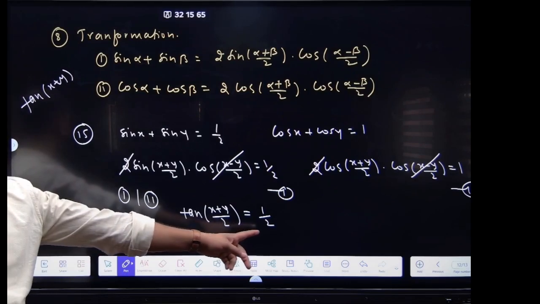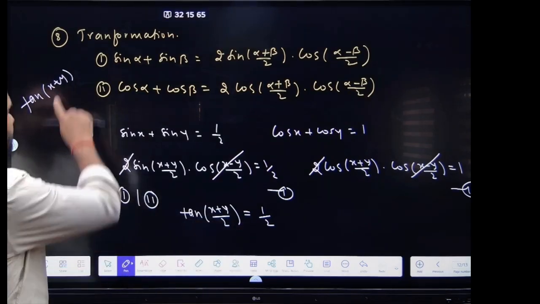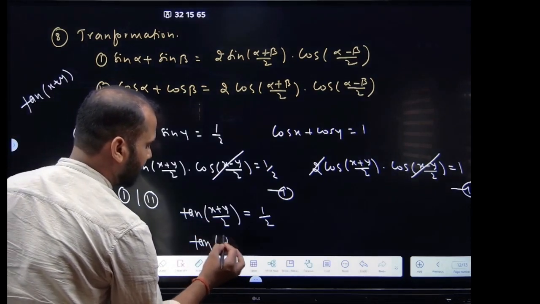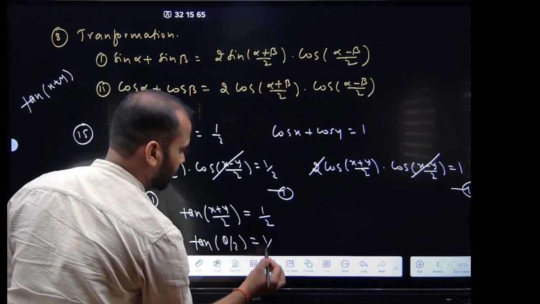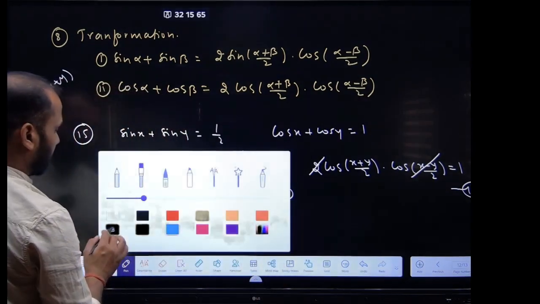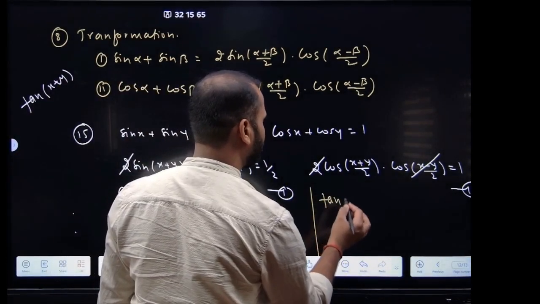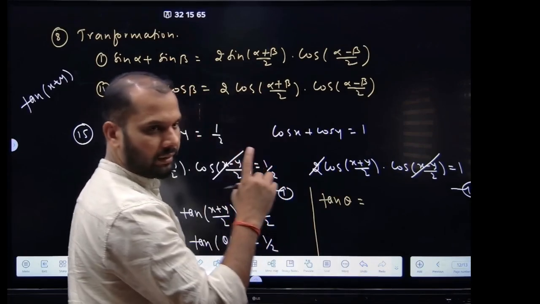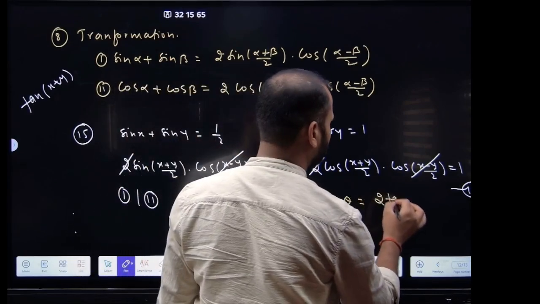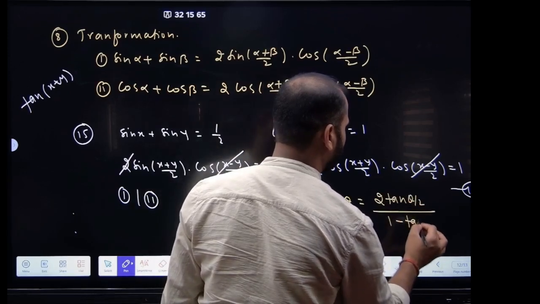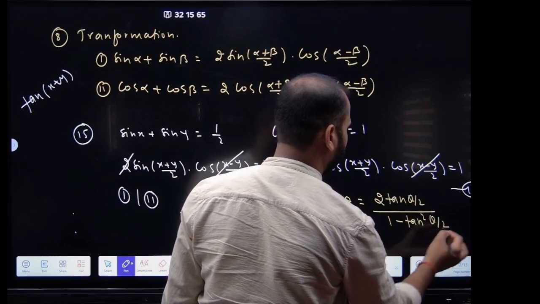Are you getting what we got? What we need is x plus y. This by 2 we do not want, meaning tan theta by 2 you have. How much is tan theta by 2? 1 by 2. What you want is tan theta. Which formula should I use? The double angle, compound angle formula for tan theta. Which formula is it? 2 tan (theta by 2) divided by 1 minus tan square (theta by 2).